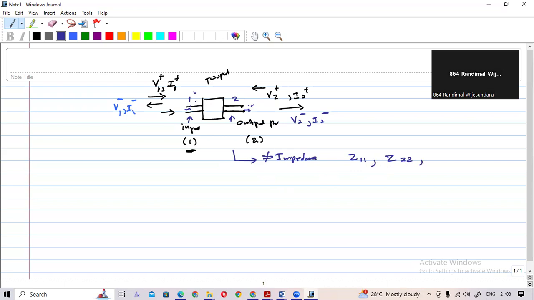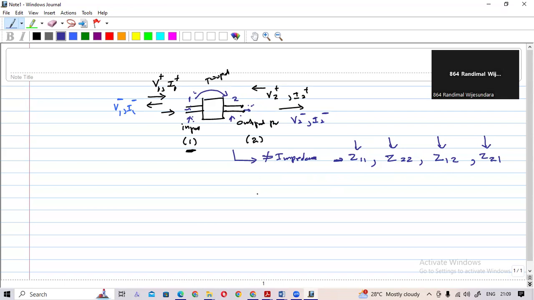And also there is another impedance, port 1 to port 2 impedance, that is Z12 impedance, and port 2 to port 1 impedance, that is Z21 impedance. Okay. So you can define this kind of four impedance values.